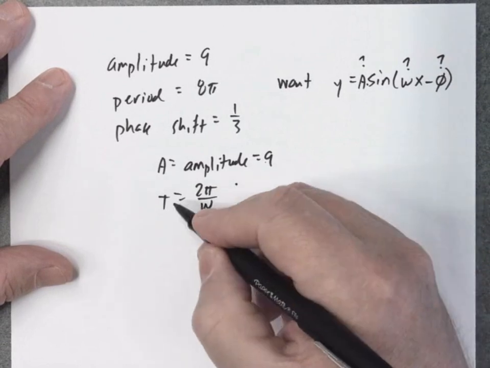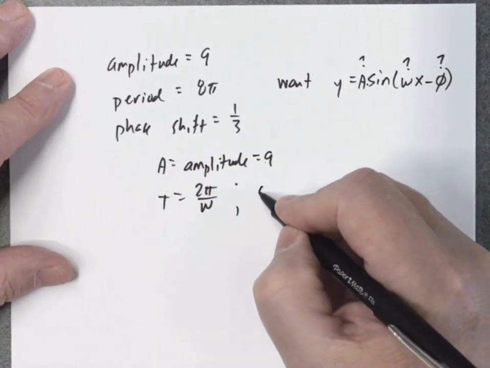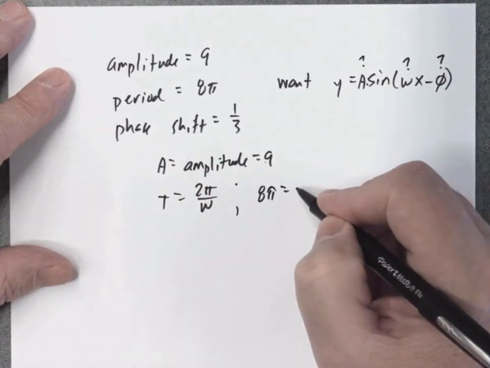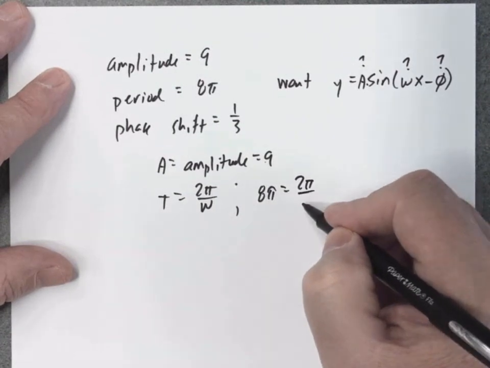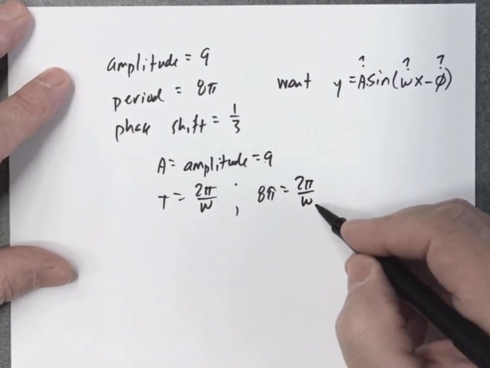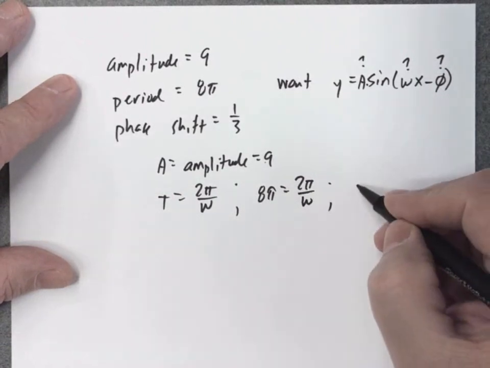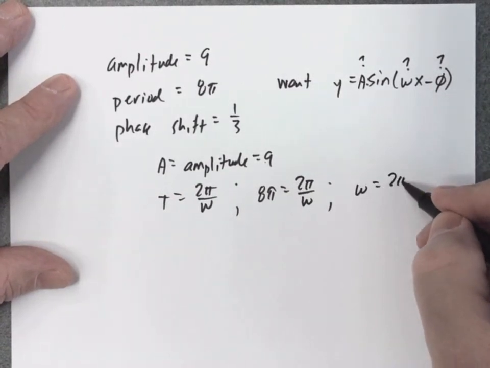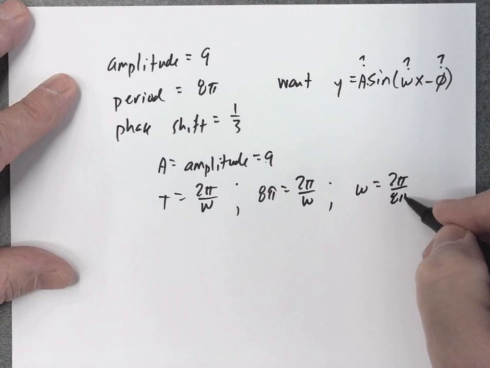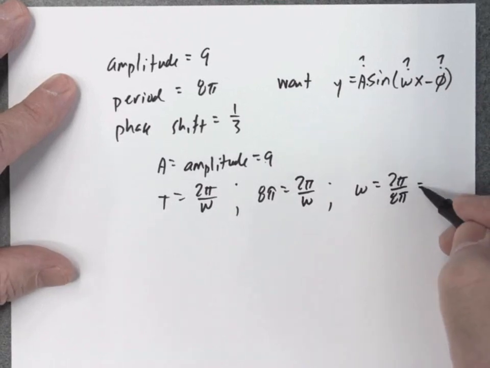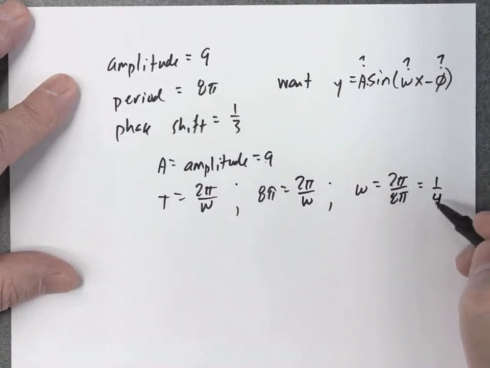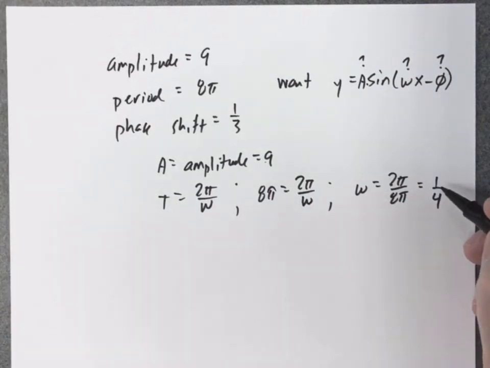They give me the period. So I can say 8 pi equals 2 pi over omega. Now if I solve this for omega, multiply both sides by omega, divide both sides by 8 pi, I get this, which reduces to 1/4. So now I know omega is 1/4.